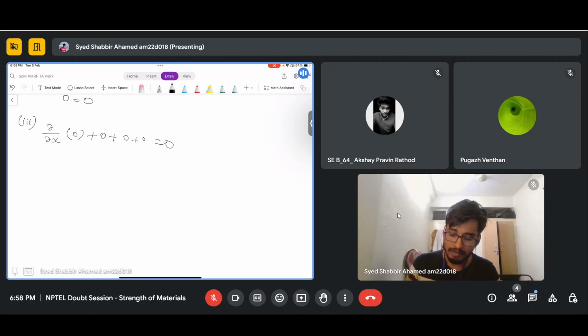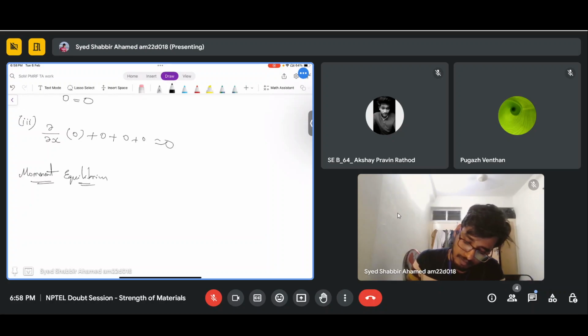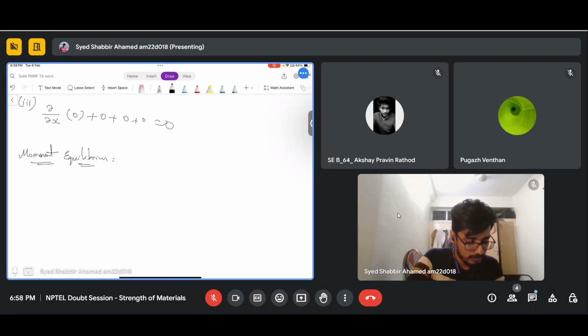So for moment equilibrium, all these three equations should be satisfied. The cross shears, we call these cross shears, tau xy equals tau yx.